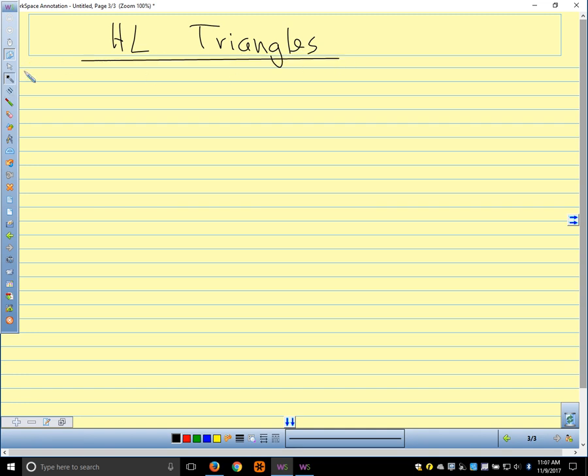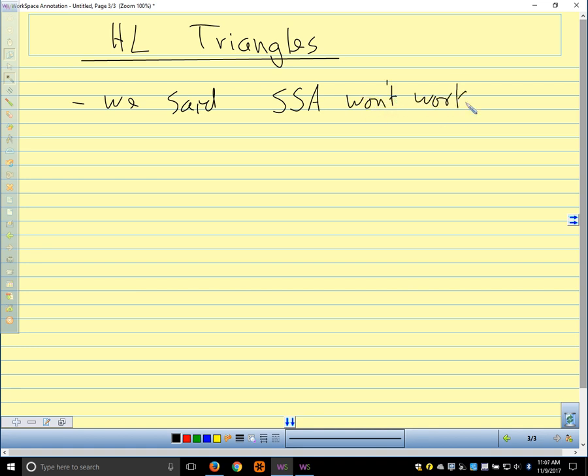Now, before we get into the theorem for HL triangles, I want to remind us all that we said before that SSA won't work for congruent triangles. And I'm going to draw a couple little pictures to show us why.